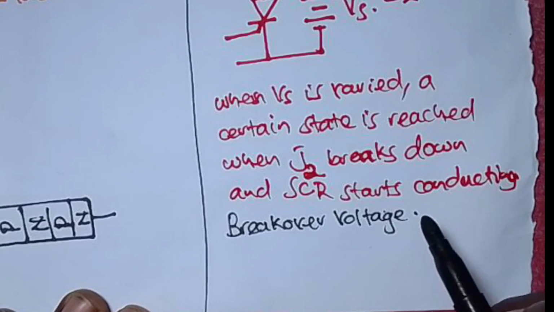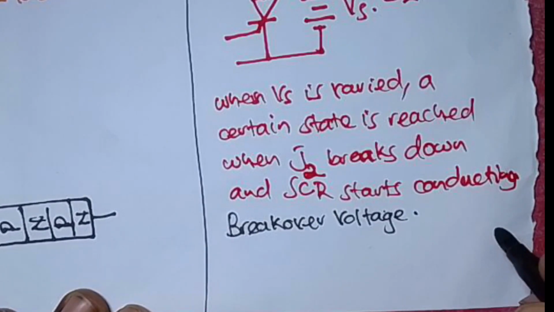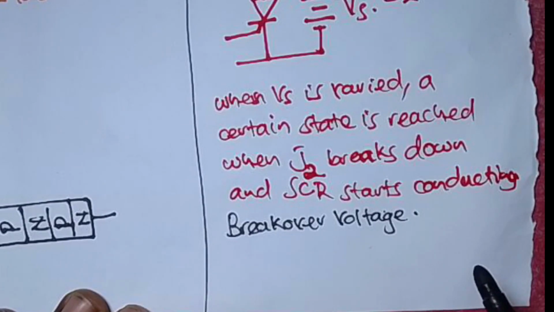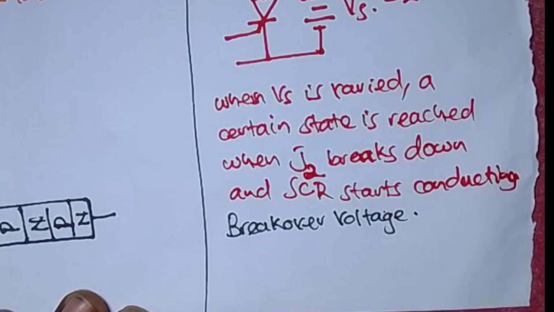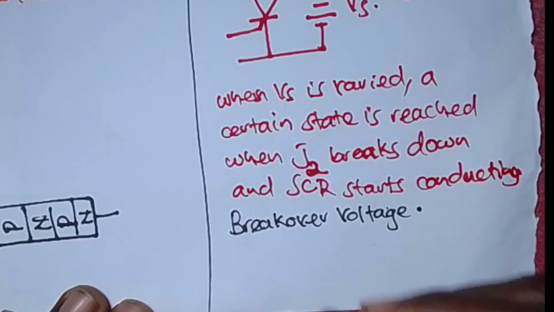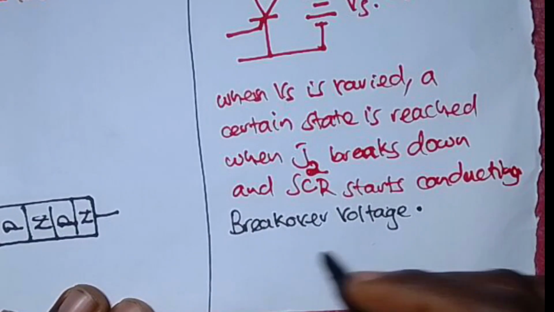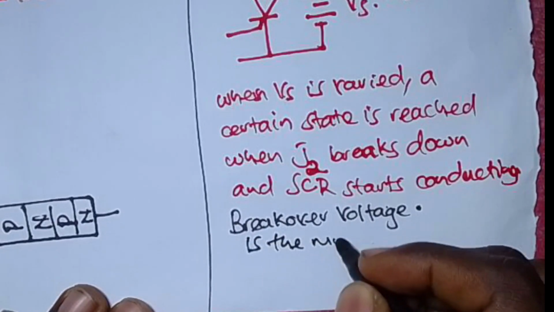You can simply say breakover voltage is the minimum voltage with the gate open at which the SCR starts conducting heavily.